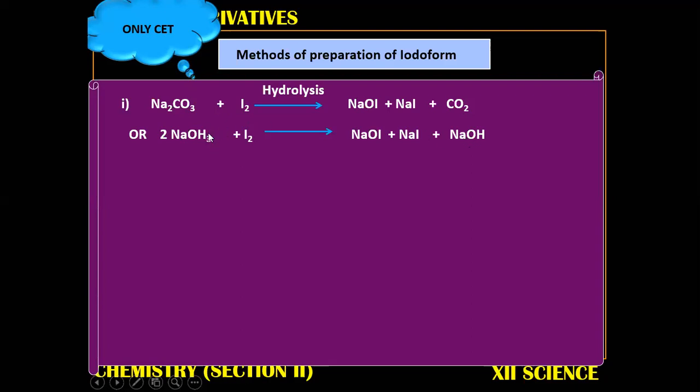I don't write 3 here, this is my mistake, and here we get water. This is wrongly balanced. I'll repeat this. Sodium carbonate reacts with iodine, first one is correct. In the second case, just write down 2 NaOH, don't write this 3, plus iodine will give you NaOI, NaI and water.